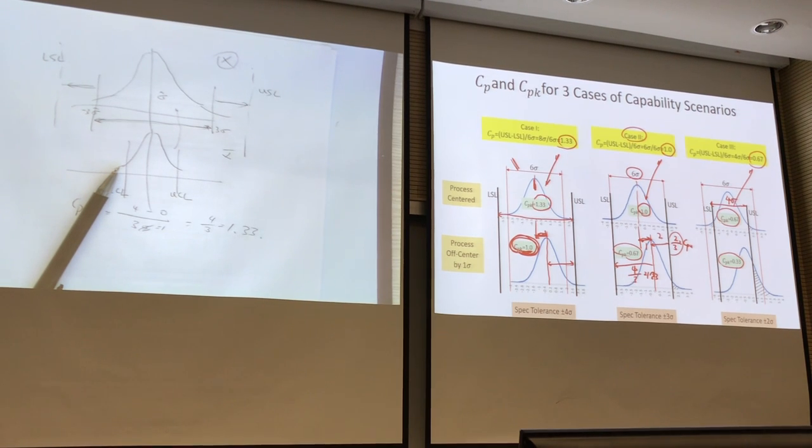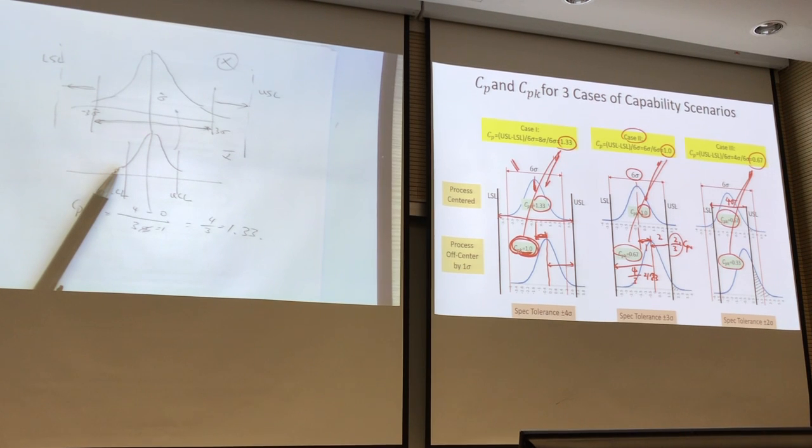Compared with 1.33, smaller. Compared with 1, smaller. So CPK is defined by the smaller value of CPL and CPU. If not centered to the specification's nominal value or target value, then CPK is always smaller than CP.